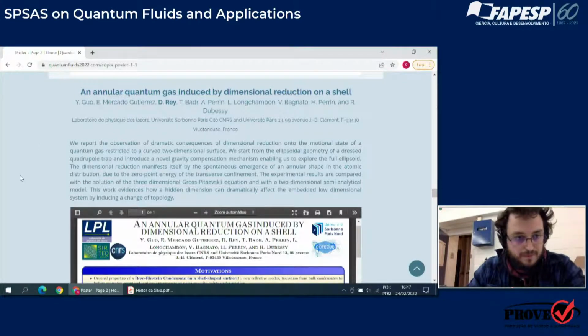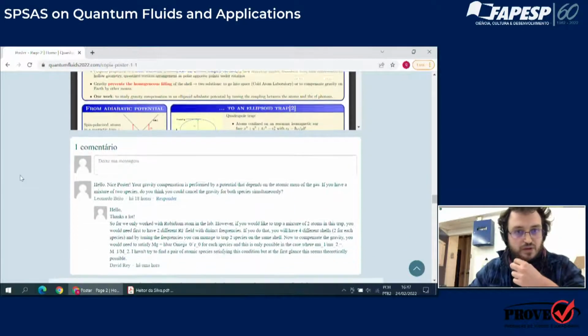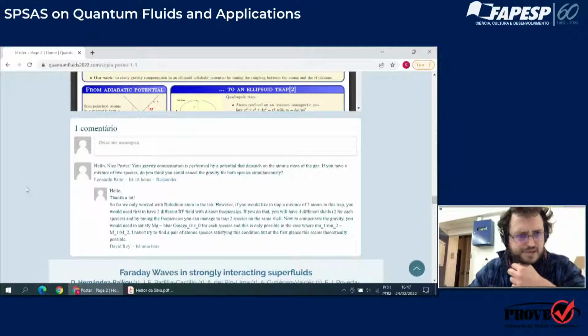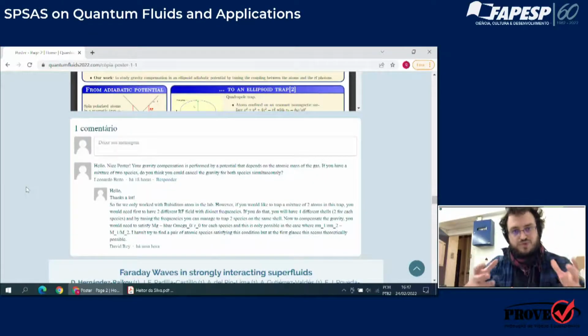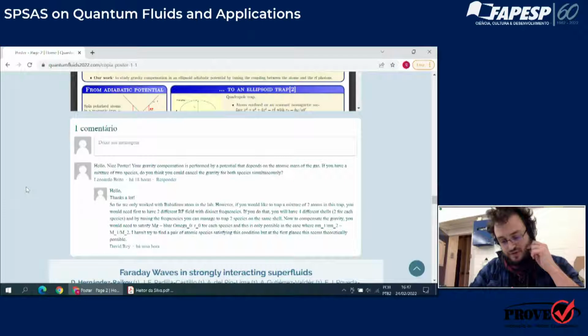So in order to compensate the gravity, we just had to increase the magnetic gradient, and then the atoms climb along the shell to the top of the trap.